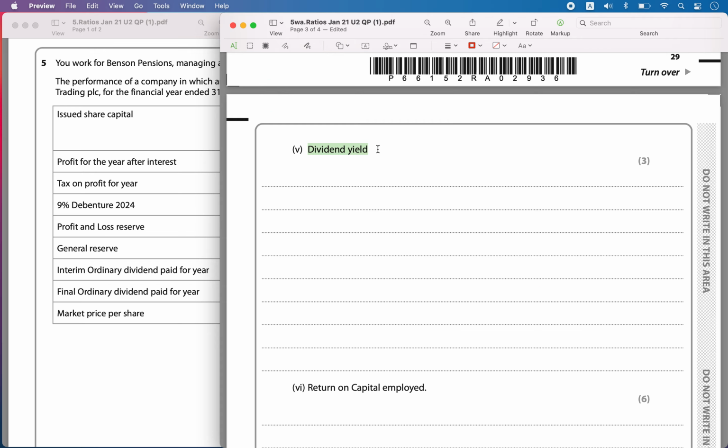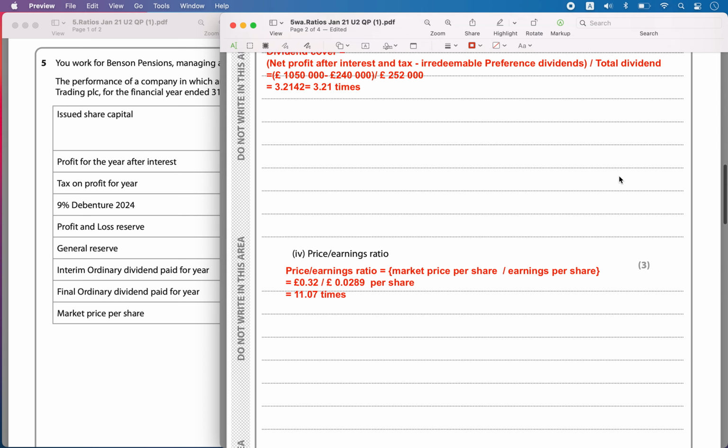Our dividend yield. So what is the dividend yield formula? So dividend yield is equal to the dividend per share that was issued divided by the market price per share, as a percentage, so times 100%.